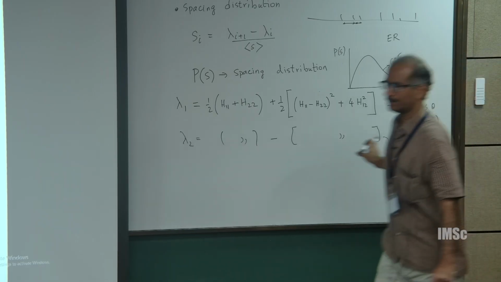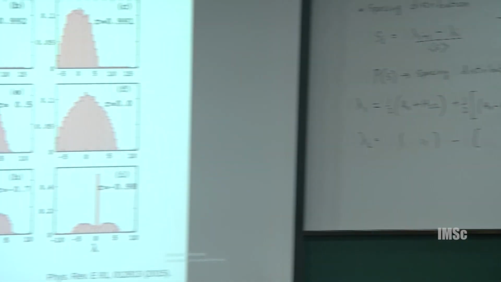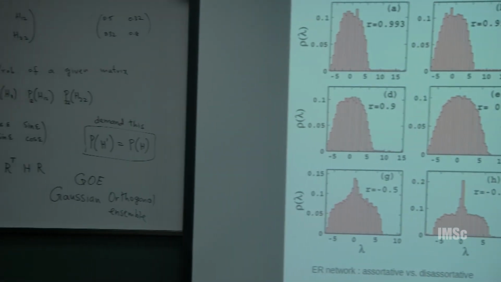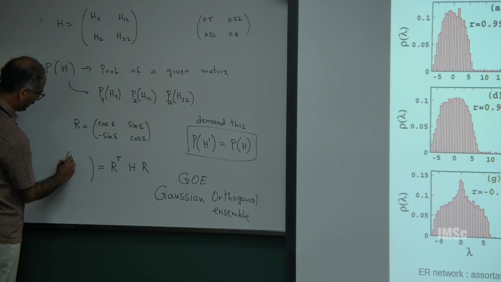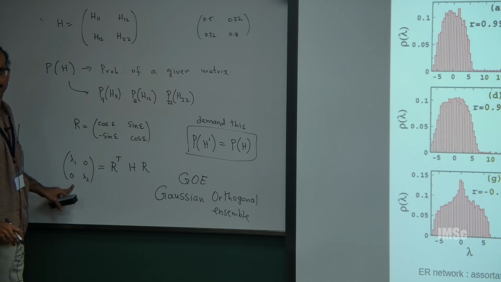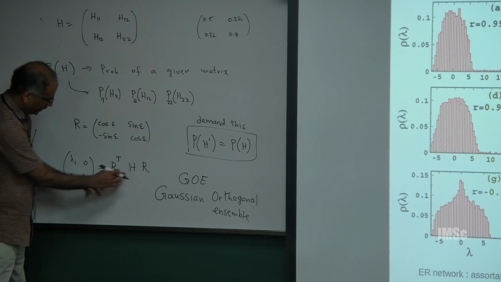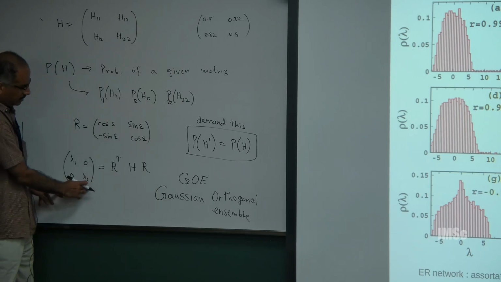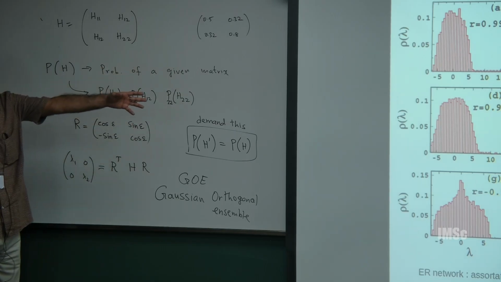See, once I calculate eigenvalues, I have gone from H to a diagonal matrix. So, I have gone to a matrix which will have lambda 1, lambda 2 here. So, once you go from a dense matrix to a diagonal matrix, the columns of this R are simply the eigenvectors.